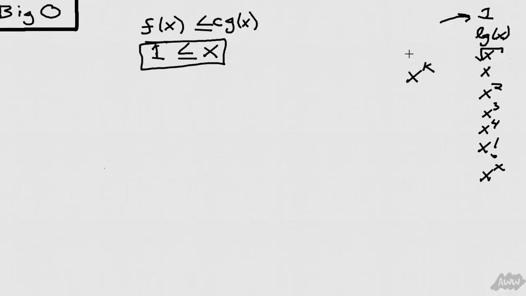So this can be however small, however large. Logarithm is always less than x raised to some constant power. And if we're comparing x to some constant power to another x to some different constant power, then whichever power is bigger wins. Above that, we have x factorial. And above that, we have x to the x. These are our families of functions, and this is how we compare with big O.